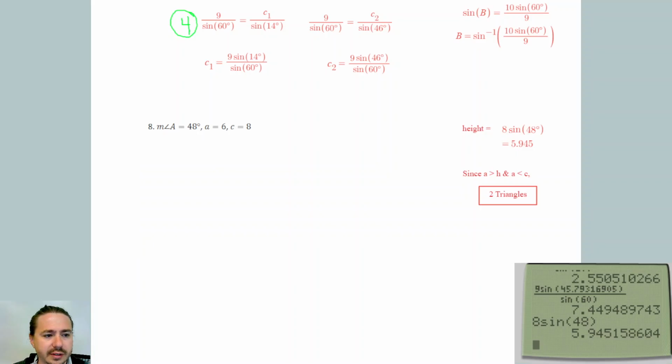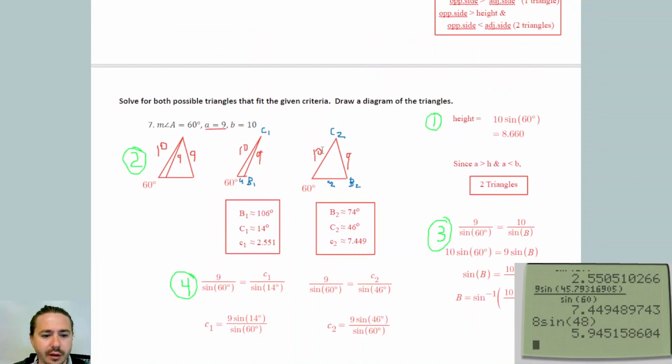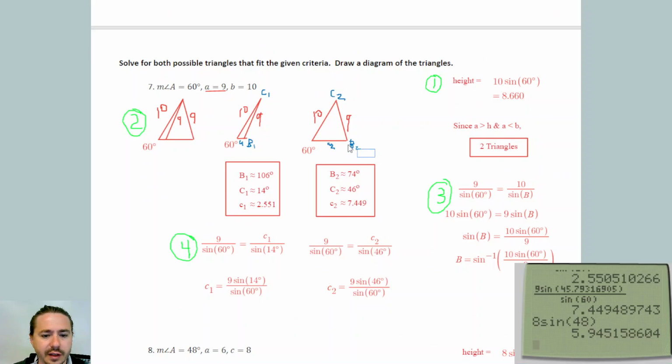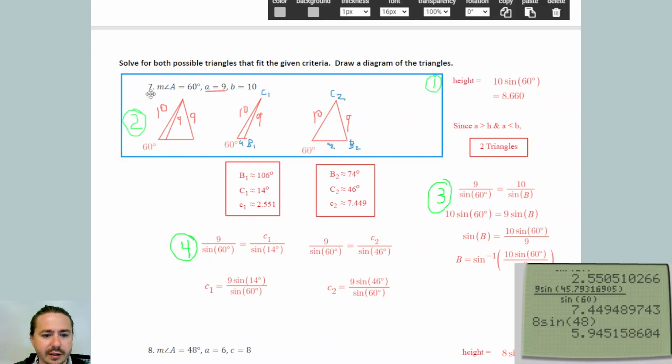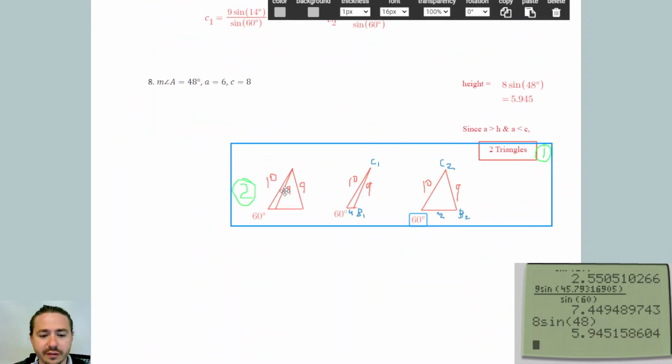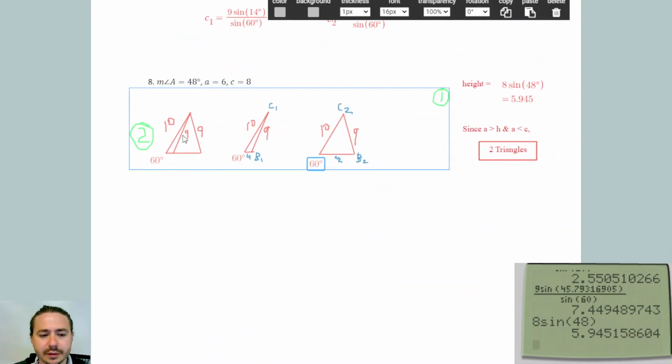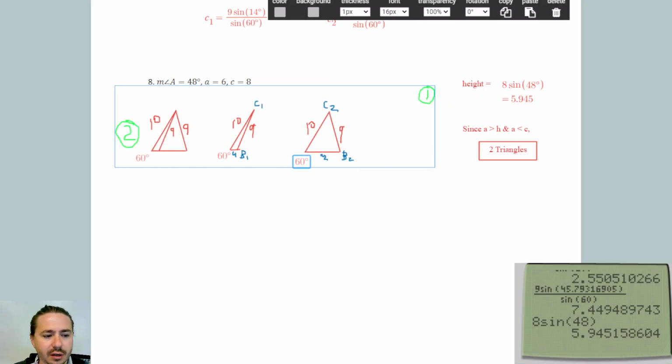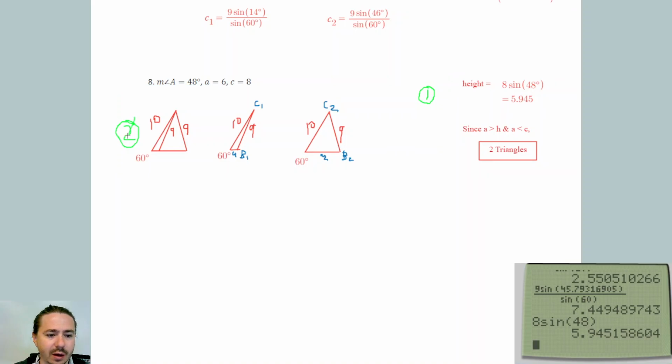Okay, so let's see what's going on here with our diagrams. I'm actually going to use the same diagram I had up here. The only difference is how I'm going to label the angles and the sides, because here they've given us C instead of B, which is not a big deal. We're just going to call the other side C, so that we can stay consistent about how we draw our diagrams.